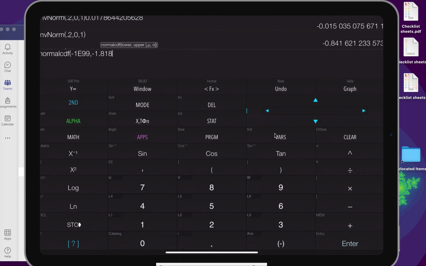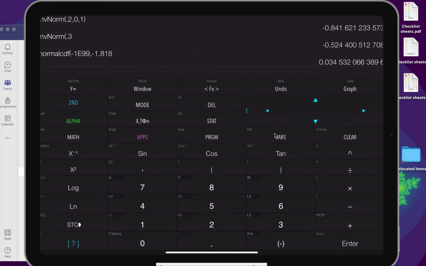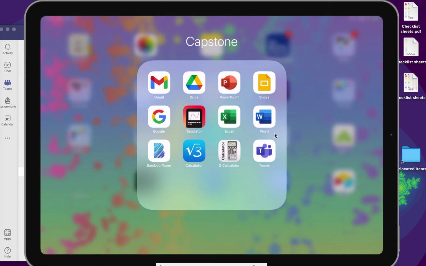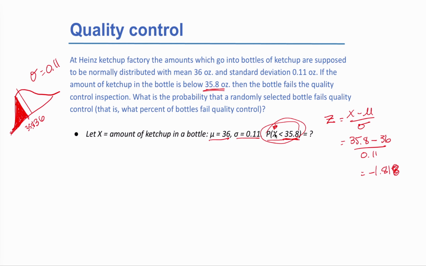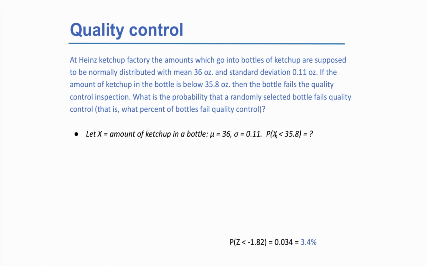When we find the z-score, we leave our mean at 0 and our standard deviation at 1. And so we're going to find that the area under that curve is 0.0345, or about 3.4%.